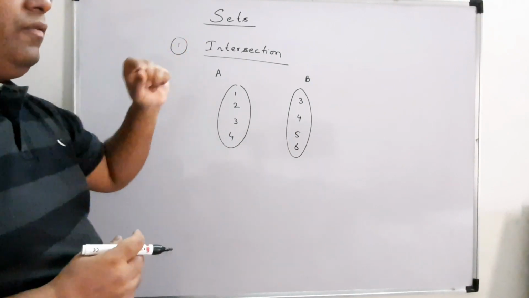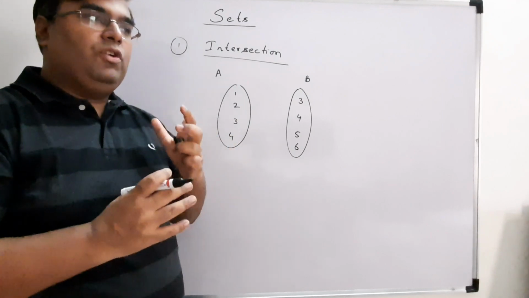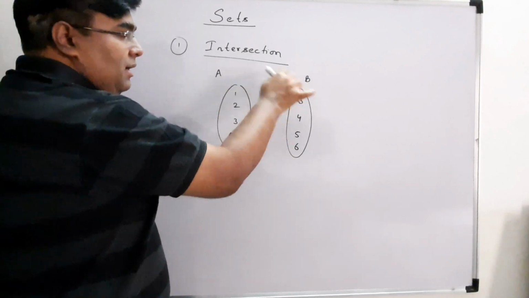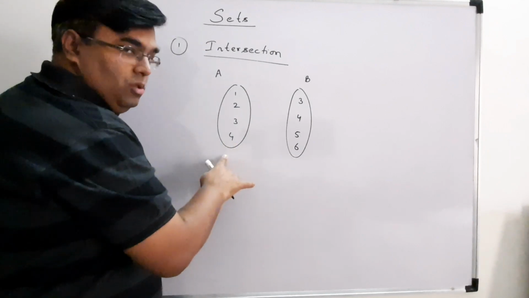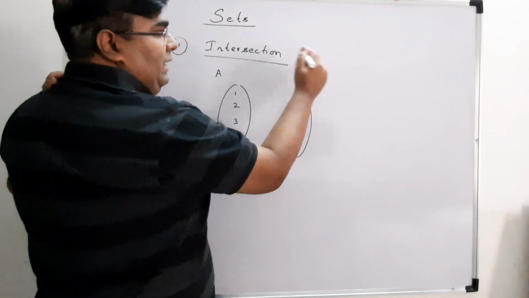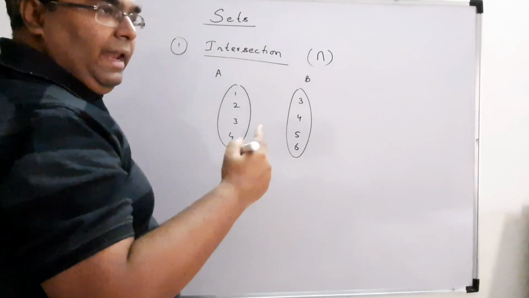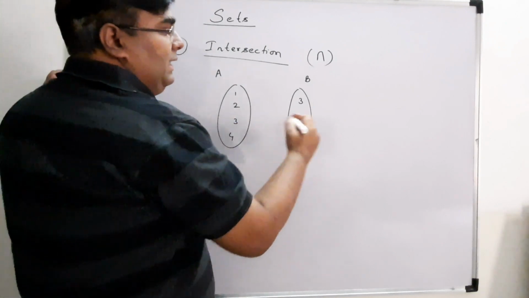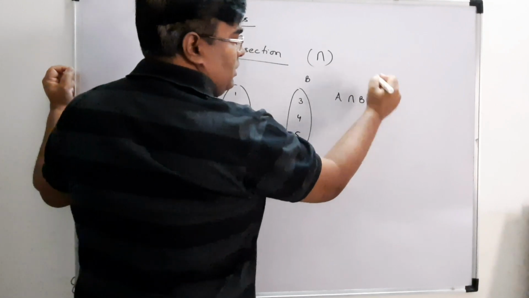Now what is the meaning of intersection? Intersection means all the elements which are common to both A and B, meaning all the elements which are there in A also and which are there in B also. Now what is the symbol of intersection? The symbol is like this, ∩, or you can say reverse of U. So if I write A intersection B, what is this?